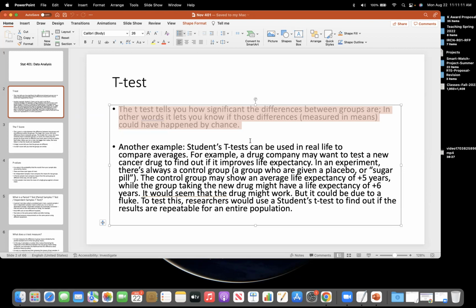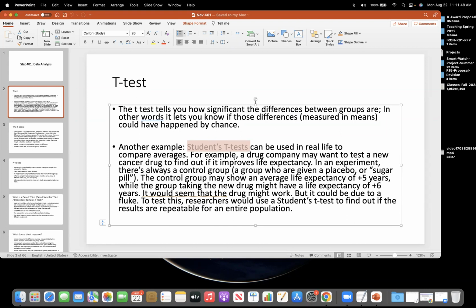But for now, if you just have two groups, say you have the grades of classroom A and grades of classroom B, and if you want to compare the grades of classroom A and classroom B, and check if the grades are different or if they are the same or if they are high or low, right? So then that is where you use this test. An example of student test would be, so t-test is also called a student's t-test, right? Just remember a t-test or a student's t-test.